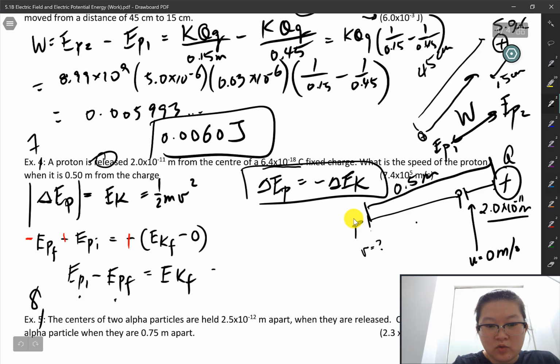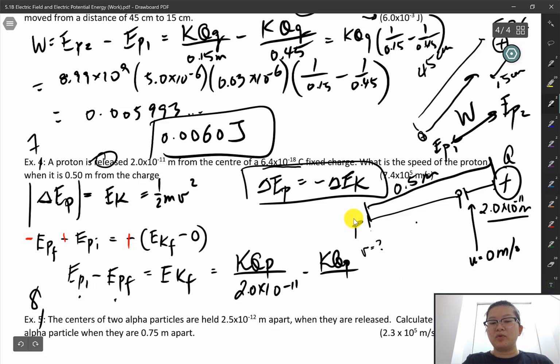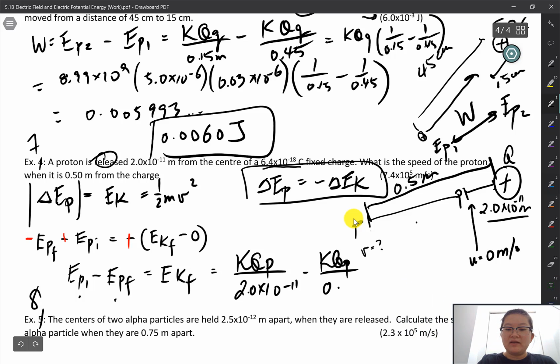So if I wanted to write this out properly, this is kQ proton over the first distance, which is 2 times 10 to the power negative 11, minus the same thing, kQ times the charge of a proton over 0.5 meters, and this is going to be equal to 1/2 mv squared of the proton.